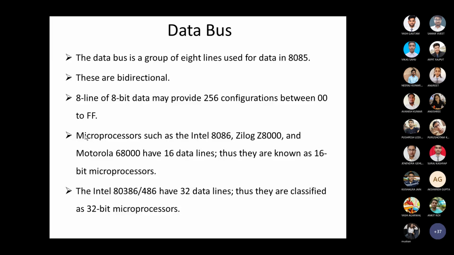These all have 16-bit data lines, so they have a larger capacity to deal with different patterns of data. And Intel 80386 and 486 have 32-bit data lines, so they are called 32-bit microprocessors.